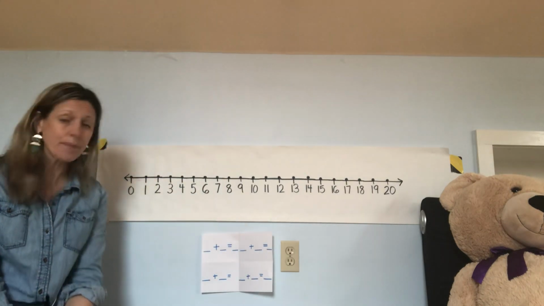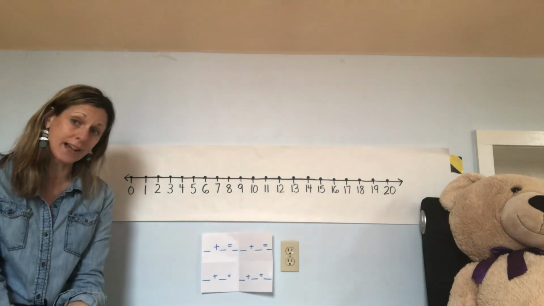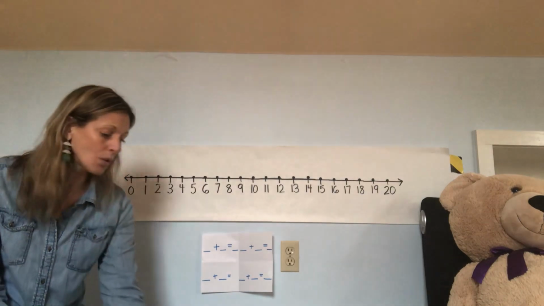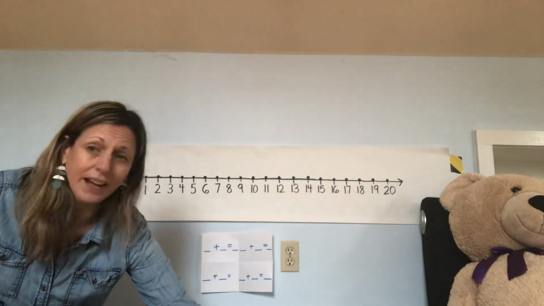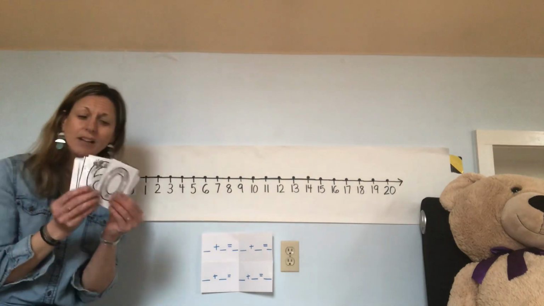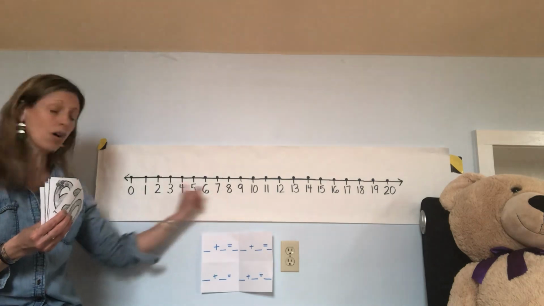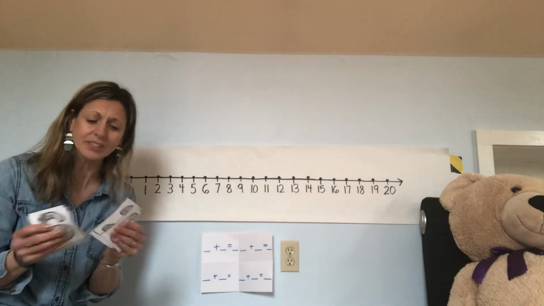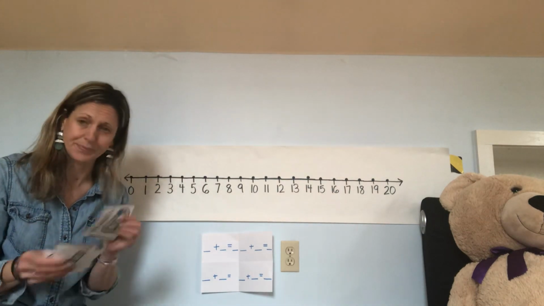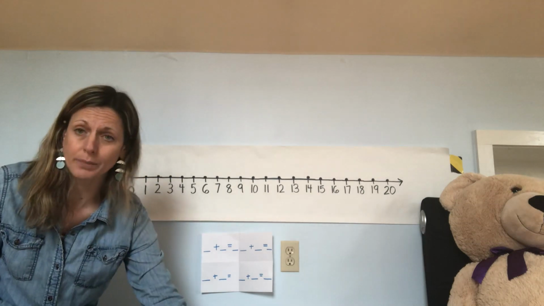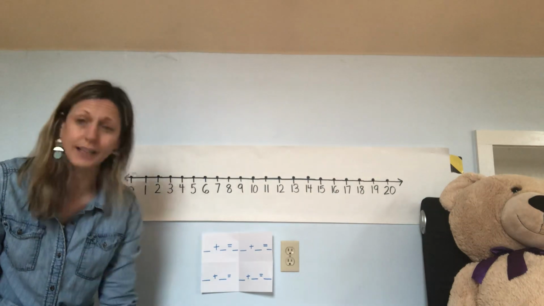Okay, the number line can be a great help when we're adding or subtracting. So what we're going to do today is, I have some numbers here, and right now these numbers are 0 through 10, and all the numbers in between. And I'm going to shuffle them up. And I'm going to pick a number, okay?